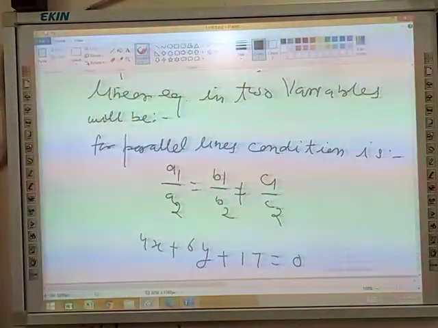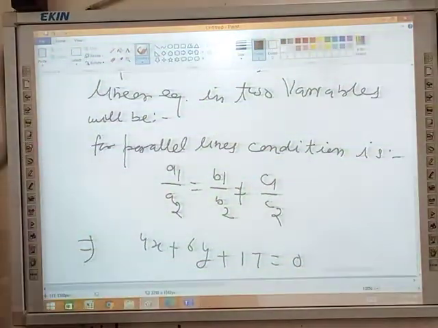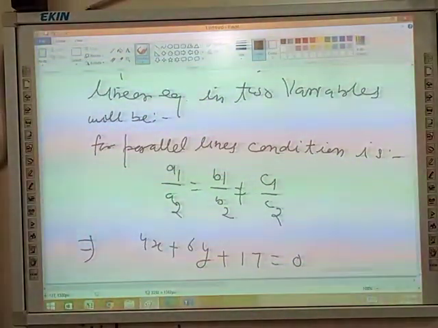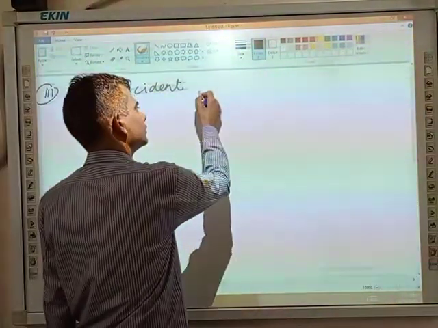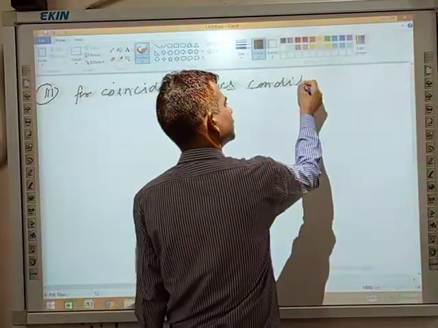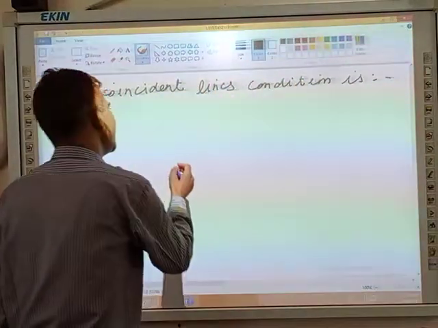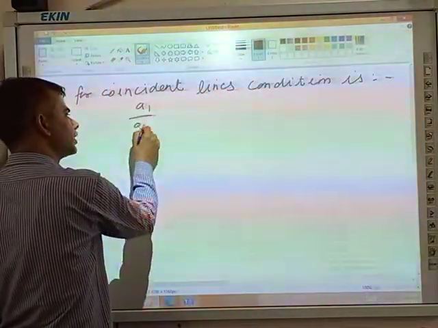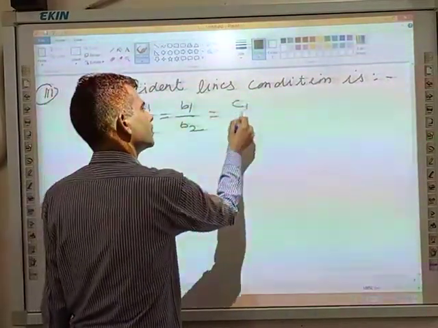Students, any doubt, any problems? No, sir. Is it clear? Yes, sir. Students, for coincident lines the condition is A1 by A2 is equal to B1 by B2 is equal to C1 by C2.